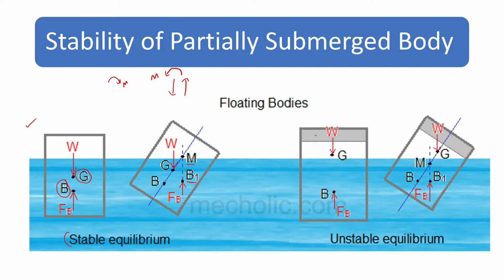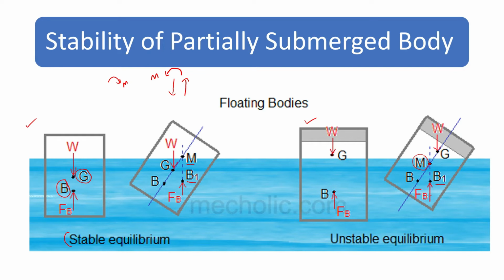And let us see an unstable equilibrium condition. So you can see the body. The center of gravity is a little upward, and the center of buoyancy is here. In this case, when it is given a tilt, the new center of buoyancy is B1, and the metacenter will be here. Just look at the forces.